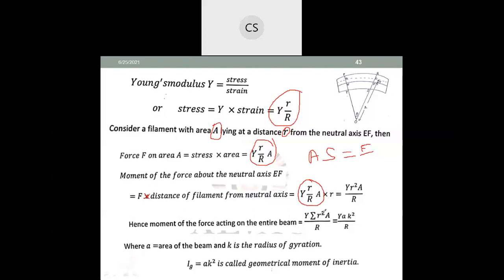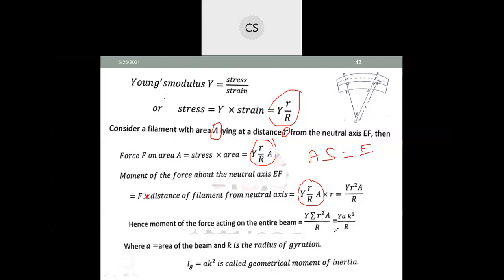So what you get if you sum it: small r is the parameter that changes, so you will get Y into summation of r square A, divided by R. That summation of r square A can be written in terms of the radius of gyration.